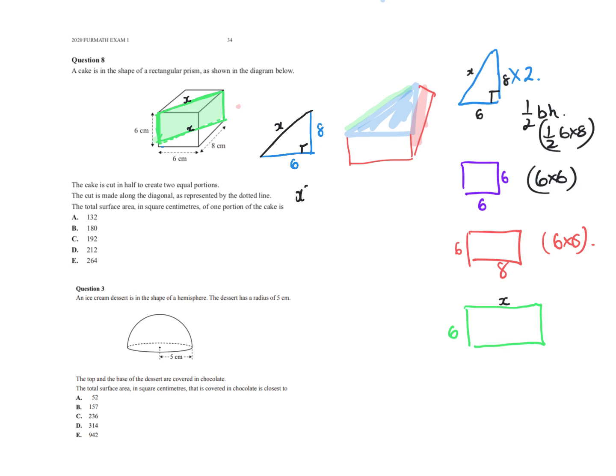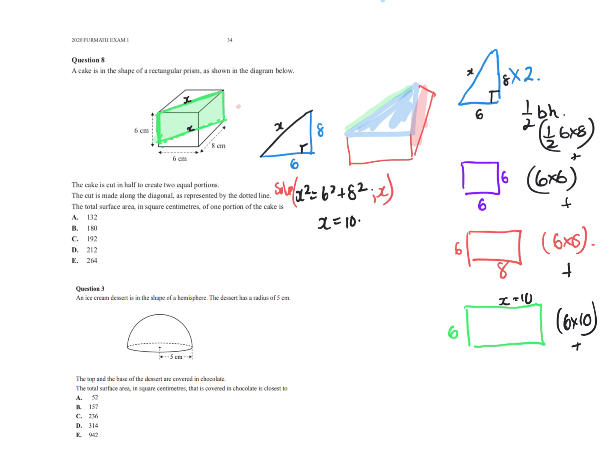So I can say X squared equals 6 squared plus 8 squared, and I can solve for X, and I can find out what X equals. And we get X to be 10, so that's nice. So then finally we can work out this area, which would be 6 times 10. So we're going to add all these up.